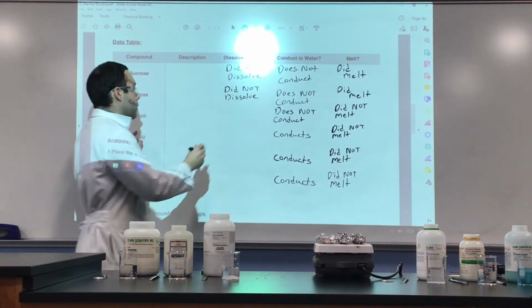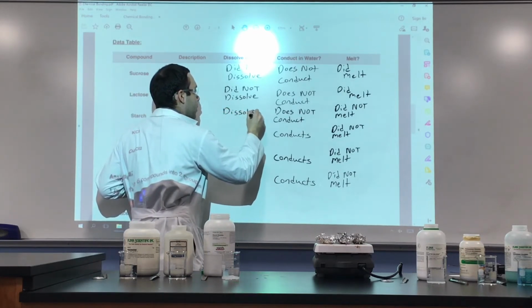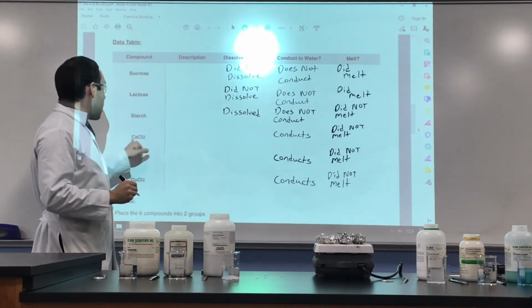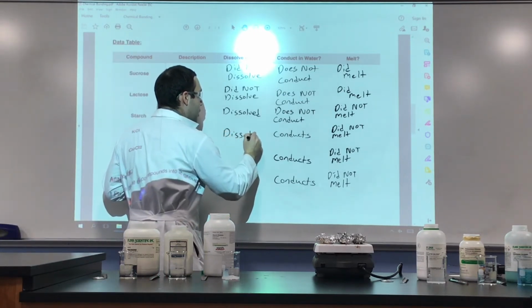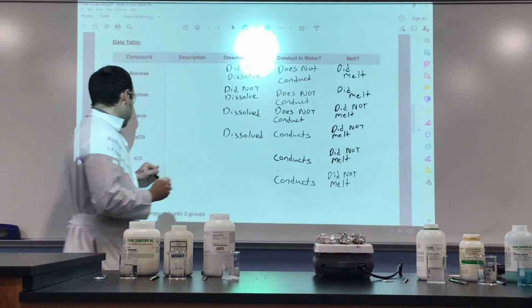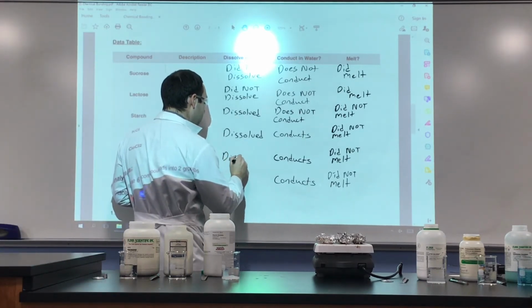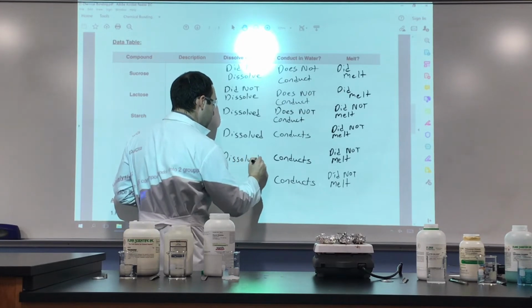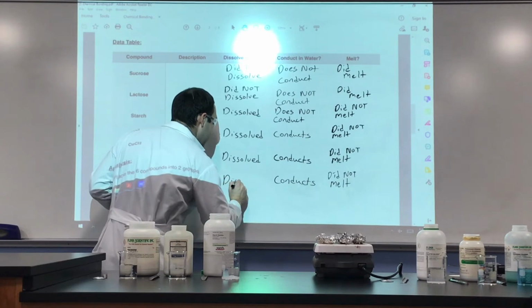Starch dissolved. Calcium chloride also dissolved. Potassium chloride dissolved. And copper 2 chloride dissolved.